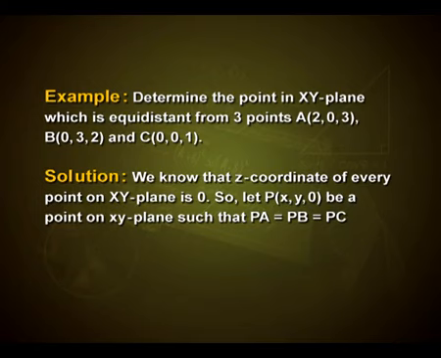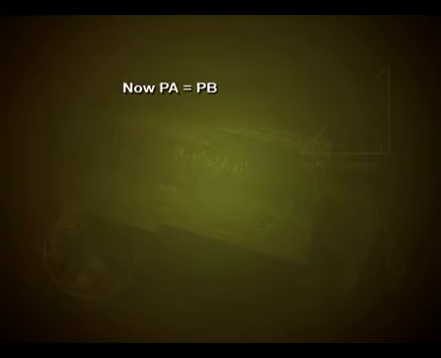So, let P(x, y, 0) be a point on the xy plane such that PA is equal to PB, that is equal to PC. Let us first take PA is equal to PB. On squaring both sides, we have PA square is equal to PB square.